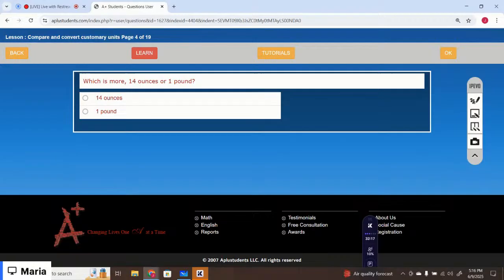Which is more, 14 ounces or 1 pound? 14 ounces is more than 1 pound.